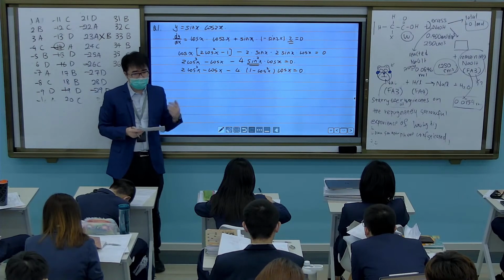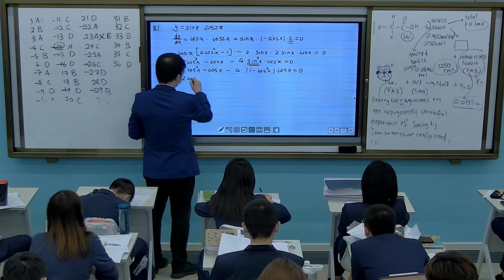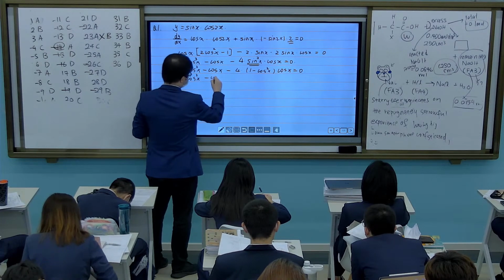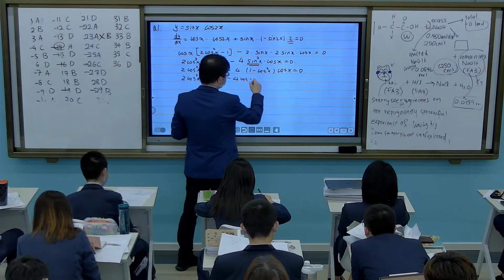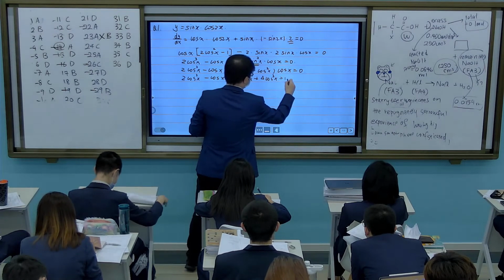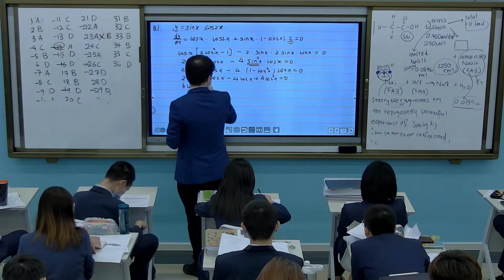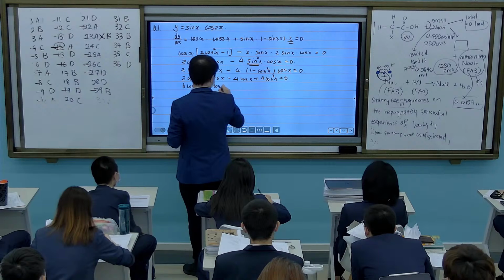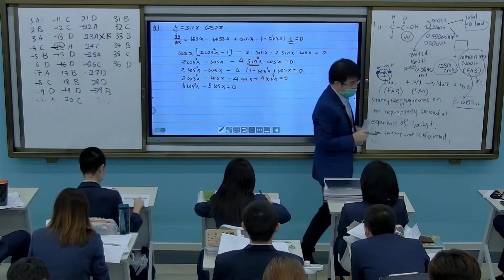So combine the similar terms. This one will get 2 cosine x cubed minus cosine x minus 4 times cosine x, right? Plus 4 times cosine x cubed equals 0. So finally you get 6 times cosine x cubed minus 5 times cosine x equals 0.